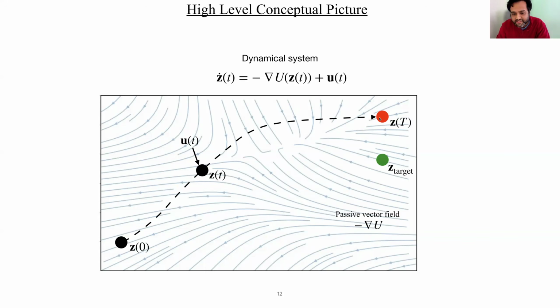So this is Z of t, and then you have Z of target. This is where you want to drive. So you want to find a signal. This signal can be achieved in an experiment because you're perturbing the domain. In the previous experiment, the experimentalist has to perturb the domain using the cross-linker concentration. That's a signal in space-time. So you want to perturb the space-time in a manner so that you achieve your target.